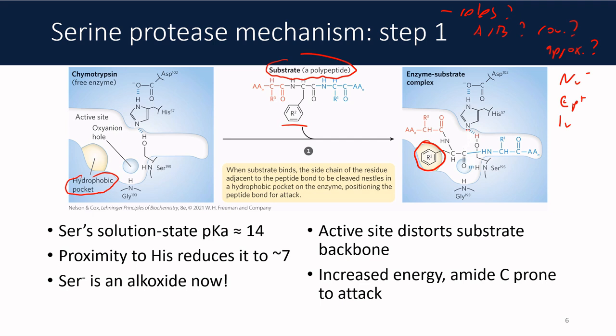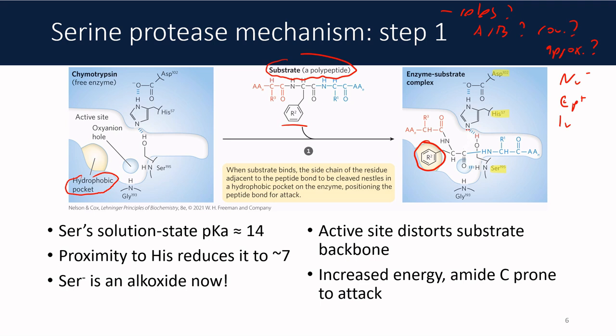We have serine over here, a histidine on the other side of this gap, and an aspartate near that histidine.